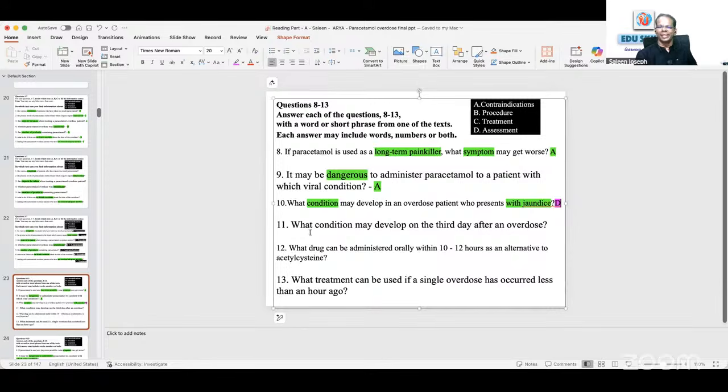Okay, cool. Let's see. Anyhow, the 11th one. What condition may develop on the 3rd day after an overdose? They are asking for a condition again, right? It's the name of a condition. Third day. It's also D, Father, the symptom.